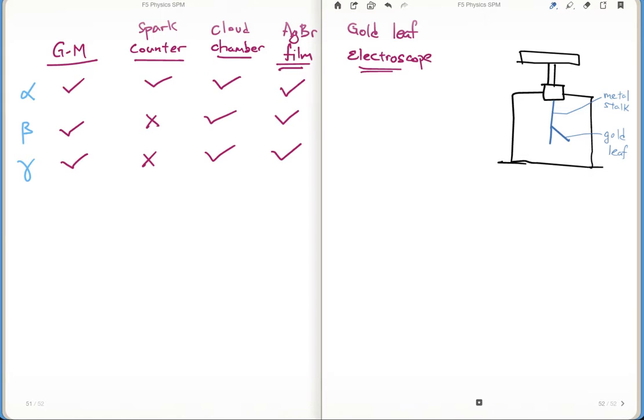So what happens if you bring near a radioactive source? It ionizes the air. Then the gold leaf will either come closer or be pushed away. But before you bring near the radioactive element, first you need to charge the gold leaf.